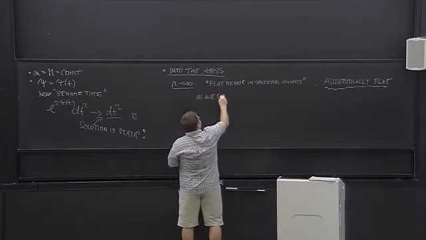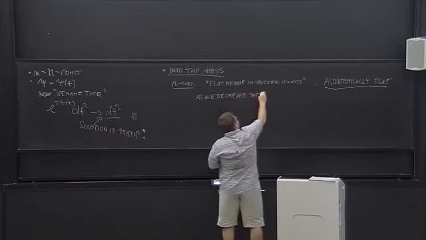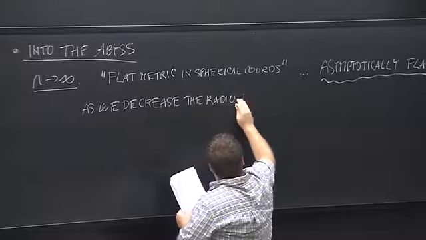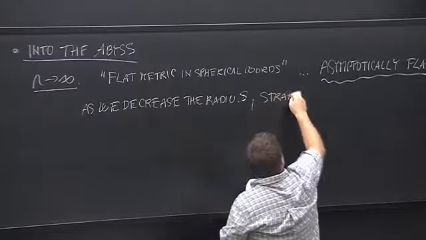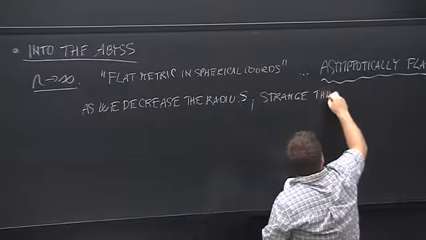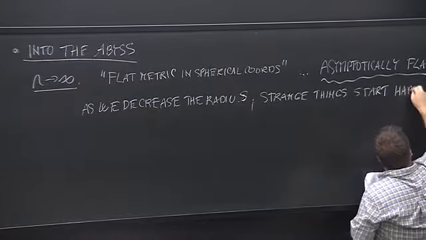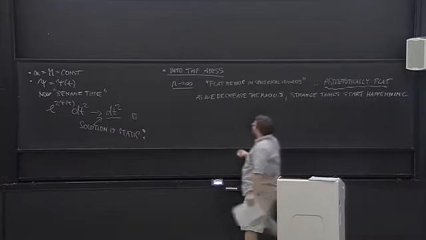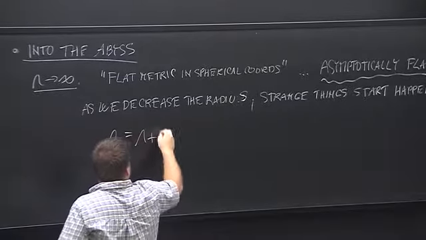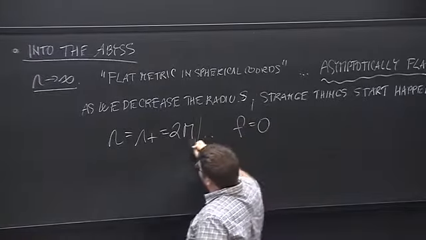As we decrease the radius, strange things start happening. And in particular, we have a problem at r equal to r plus equals 2m, for which f equals 0.